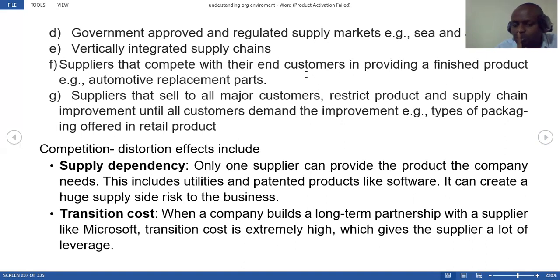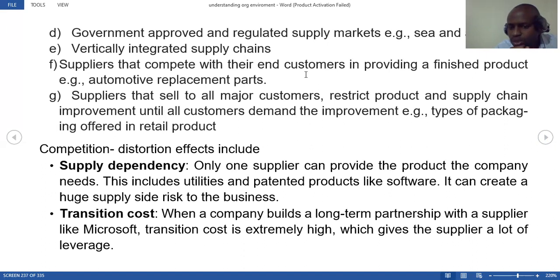And this is very risky to many businesses because in the event that supplier is not there or that supplier refuses to supply, then we'll have a lot of supply risks in the organization. And this might affect the whole process of production for those firms. Then the other thing is transition cost.